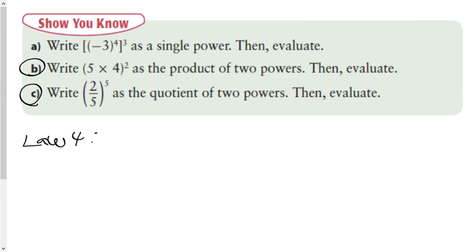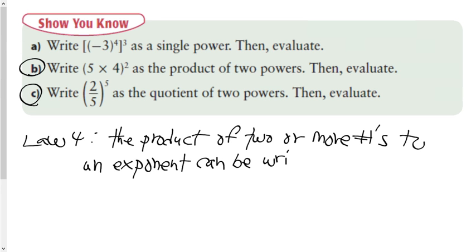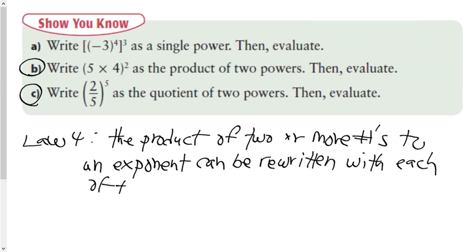And Law 4 states the product of two or more numbers to an exponent can be rewritten with each of the numbers in the product given the exponent.